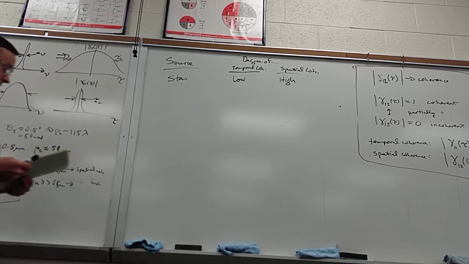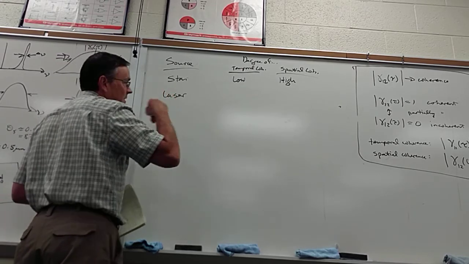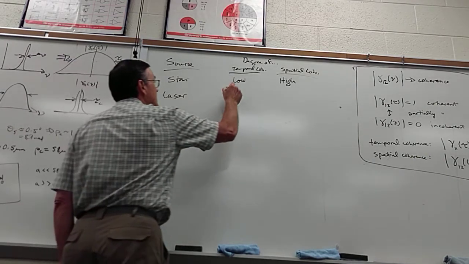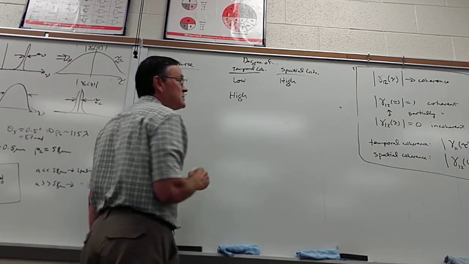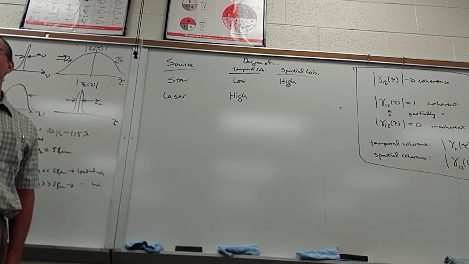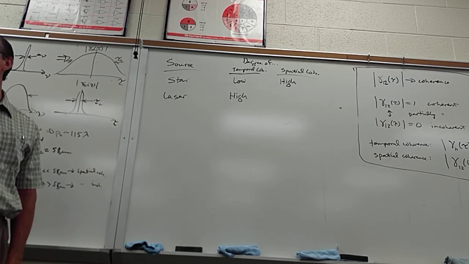Okay. Now, what about, let's say I had a laser, whatever kind. The degree of temporal coherence? High, because it's narrow band. And the degree of spatial coherence? Low. Just depends. If you put it through a small aperture, can you get it really high?